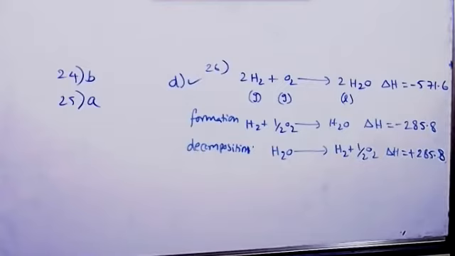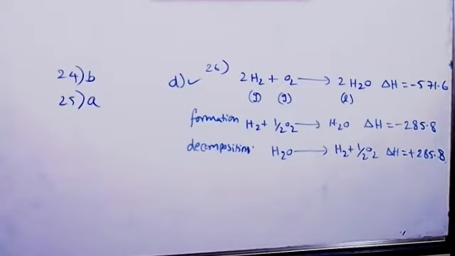27. The ratio of heat liberated at 298 Kelvin from the combustion of 1 kg of coke and by burning water gas obtained from 1 kg of coke is... Okay, coke means made up of carbon only. Assume coke to be 100% carbon.